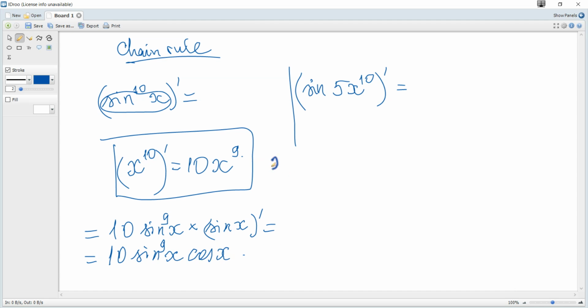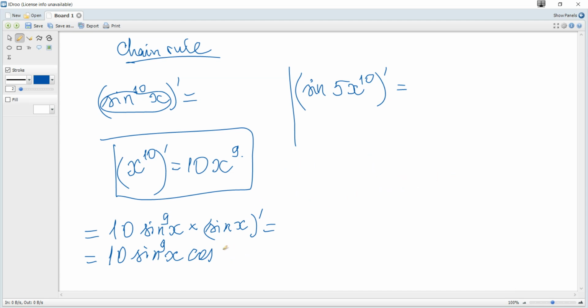If you don't remember the rule for derivative of x to the power of n, it's n x to the power of n minus 1. For example, derivative of x to the power of 5 is 5x to the power of 4.